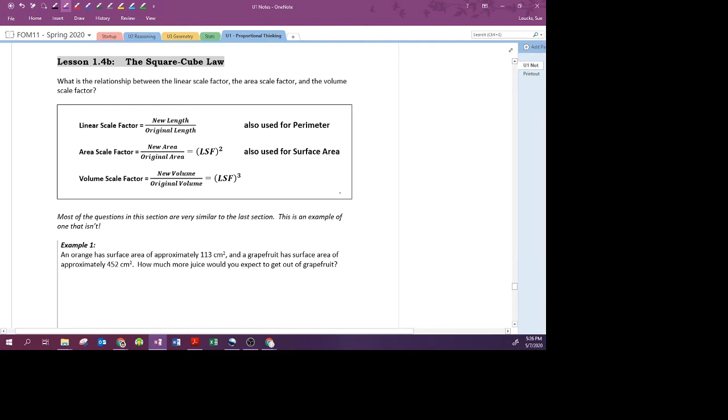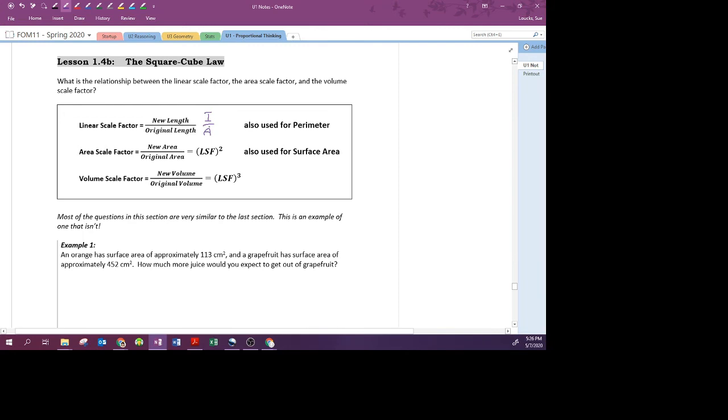All right, let's look at this square cube law. And there's only actually one example that I'm going to do for this part. Let's just review the relationships between linear scale factor, area scale factor, and volume scale factor. So the linear scale factor is the new length over the original length, or the image over actual.